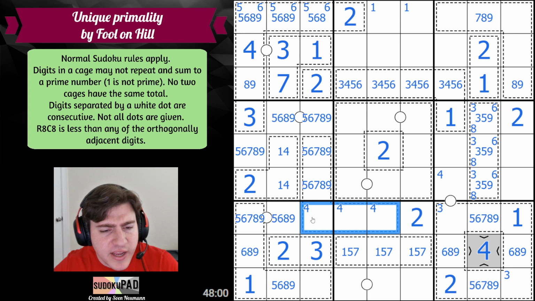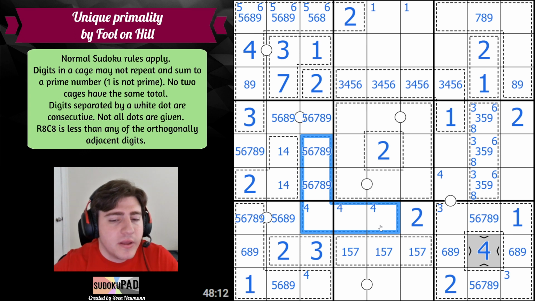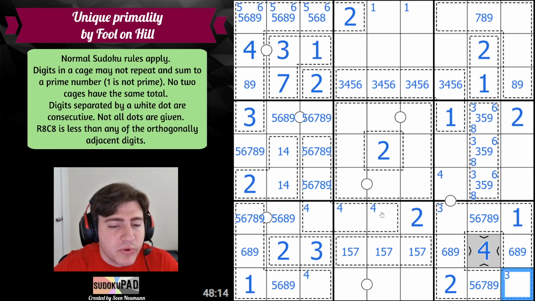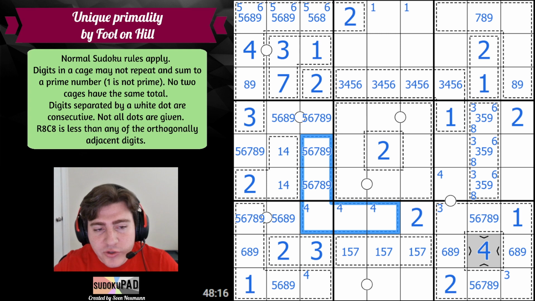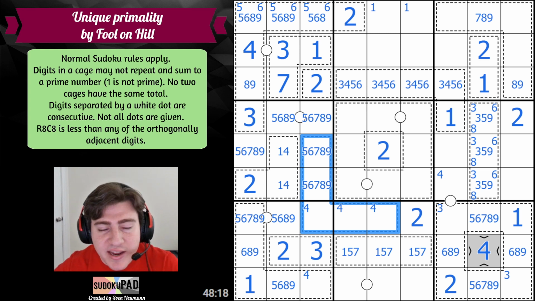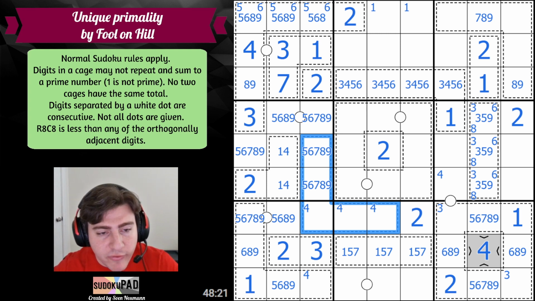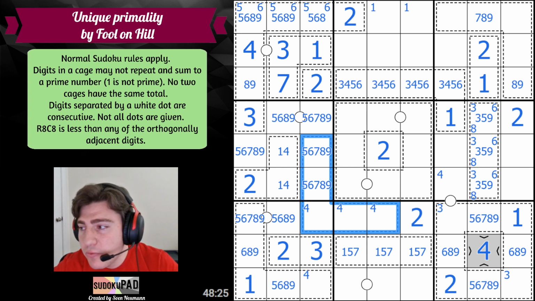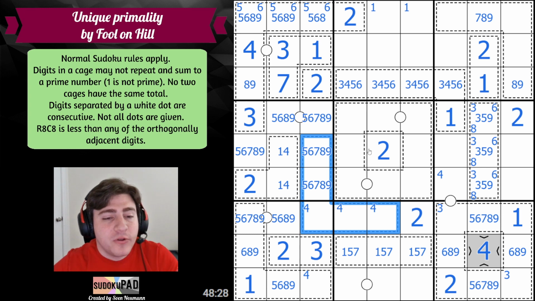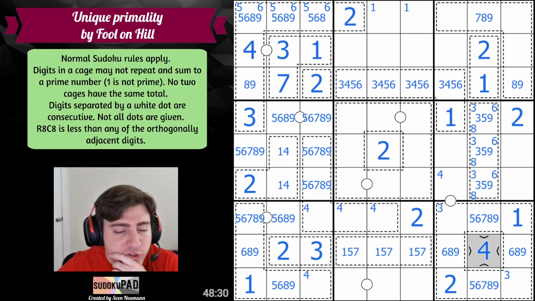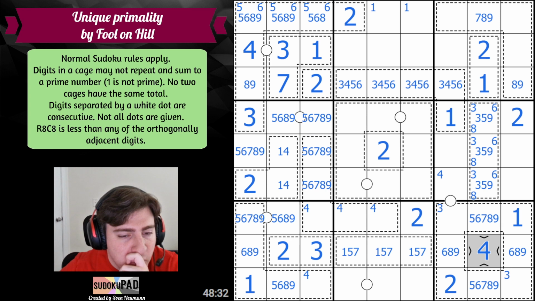Well, sorry, 4 definitely has to go in the cage here. No matter what, whether the 4 is here or the 4 is here, 4 will go in this cage. Let's say this was 3, then if 3 and 4 went in the cage, 3, 4 with 7, 8, 9, which would be our maximum. So 7, 8, 9 is 24, plus 7 is 31, means that we still have full range possible, which is quite disappointing.